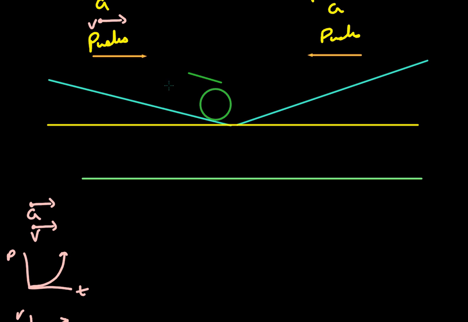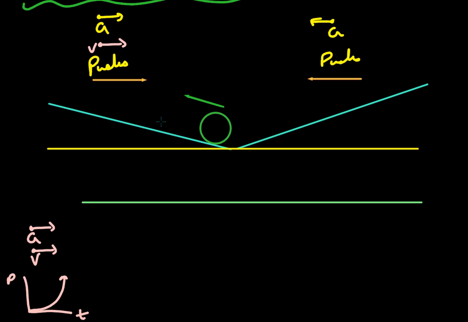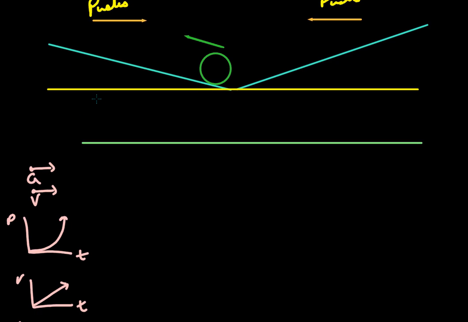This ball will roll up the hill, but the acceleration's to the right. So what's going to happen to its velocity as it rolls up the hill? Well, it's going to decrease, right?